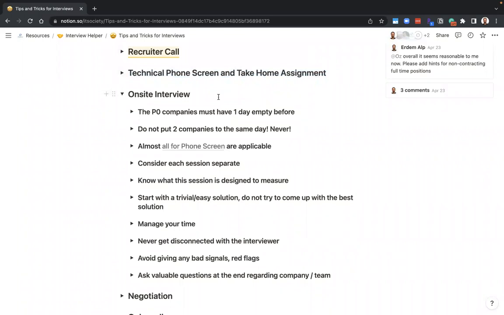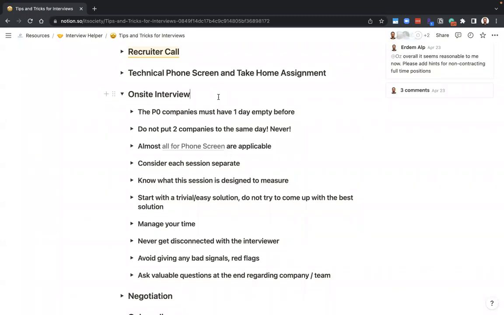It depends on the role and the position that you apply for. The structure of the on-site interview might be different, but most likely you will have 4 to 5 sessions. For some positions, 2 or 3 sessions maybe, and it can even go to 7 or 8 sessions, depending on the signals that you have given in the previous sessions.